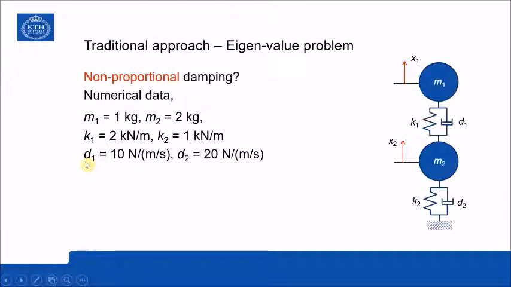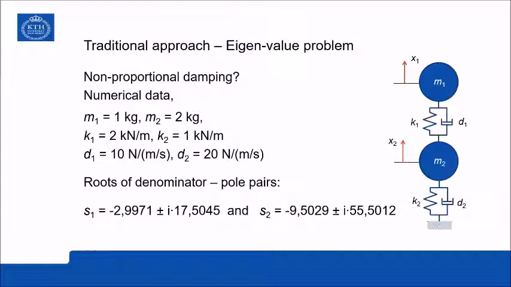Now this damping matrix is not proportional to the stiffness nor to the mass matrix. The roots of the denominator, or the pole pairs, look like this. And once again you can see that we have a real part, since we have damping in the system, and that the pole pairs are complex conjugates.